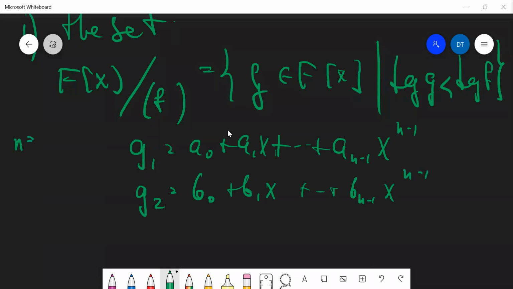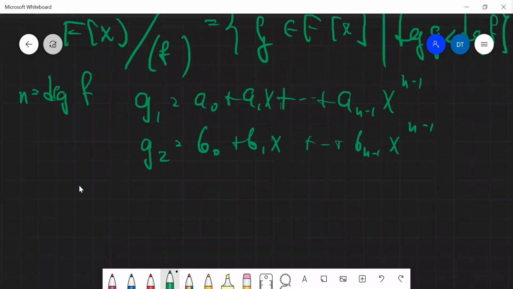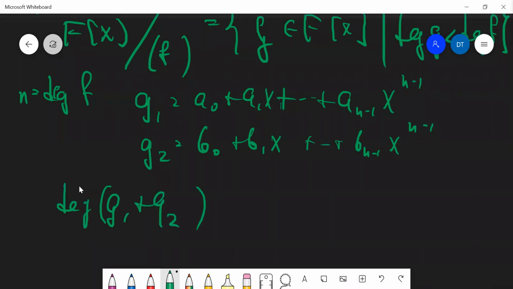Now if you add these two polynomials together, g1 plus g2, you see that the degree of the sum is strictly smaller than the degree of f, which is n. So the usual addition gives you addition on this set. The addition is simply the addition of polynomials.